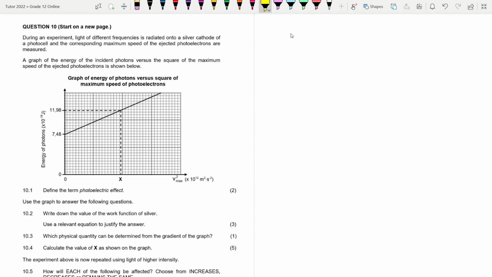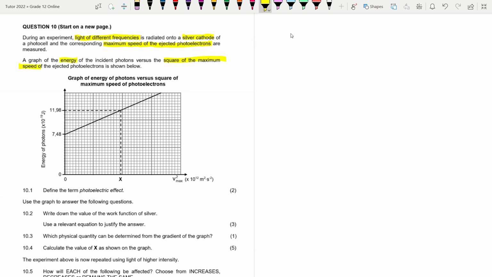During an experiment, light of different frequencies is radiated onto a silver cathode of a photocell, and the corresponding maximum speed of the ejected photoelectrons are measured. The graph of the energy of the incident photons versus the square of the maximum speed of the ejected photoelectrons is shown below.